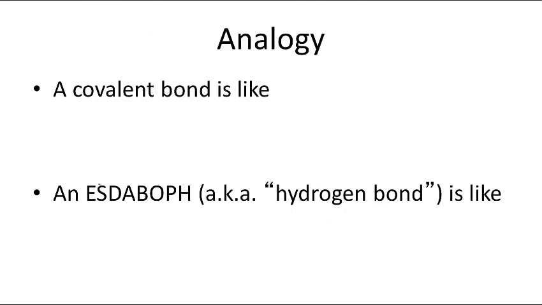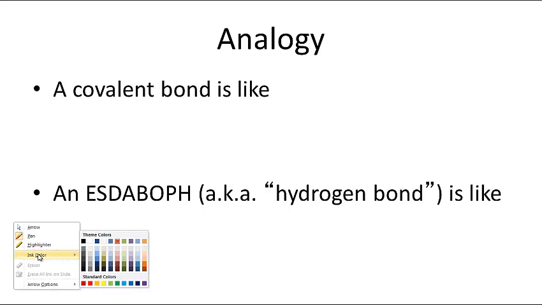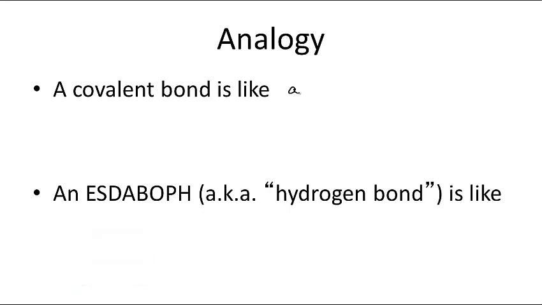If you think of this as your body, a covalent bond is like a joint in your body. Let's say your elbow. Right? So your bones are stuck together by this joint, by all that ligament cartilagey stuff. An Estebov hydrogen bond is like 2 people holding hands.